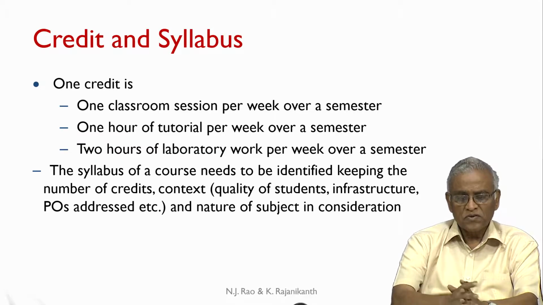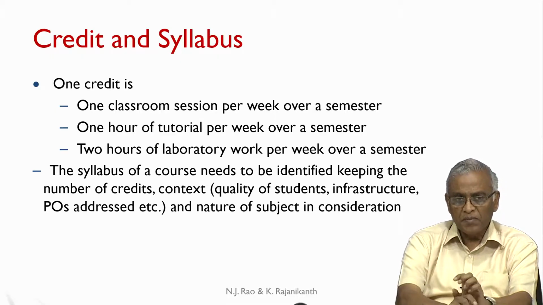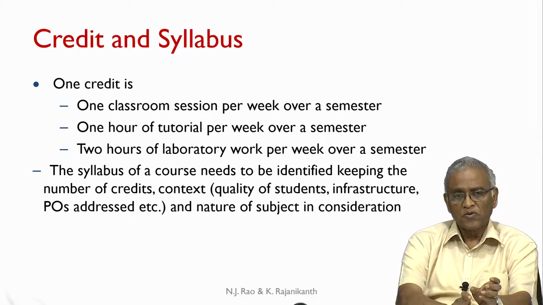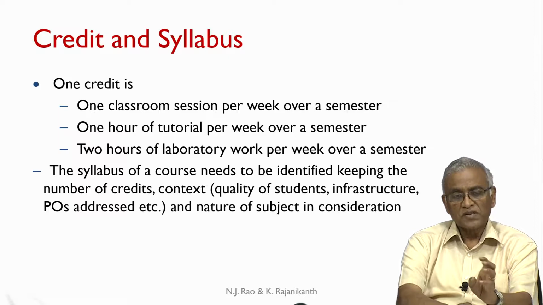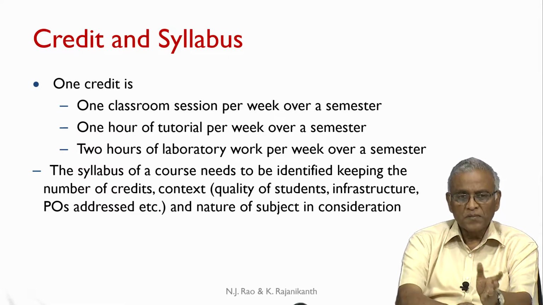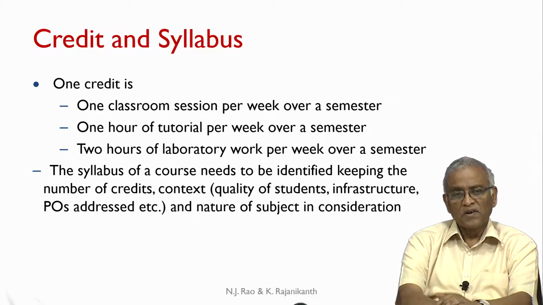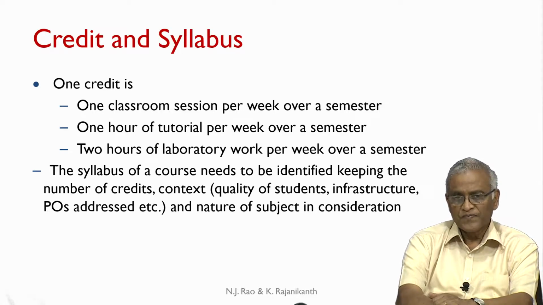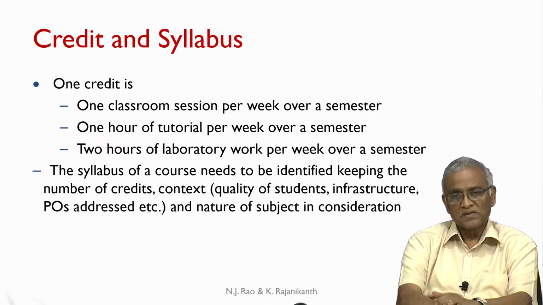The syllabus of the course, as we mentioned, needs to be identified keeping the number of credits. Obviously some courses are 2:0:0, or some courses are 3:1:0. So depending on the number of credits and context, here it will refer to quality of students, infrastructure, POs addressed, etc., and nature of the subject in consideration.